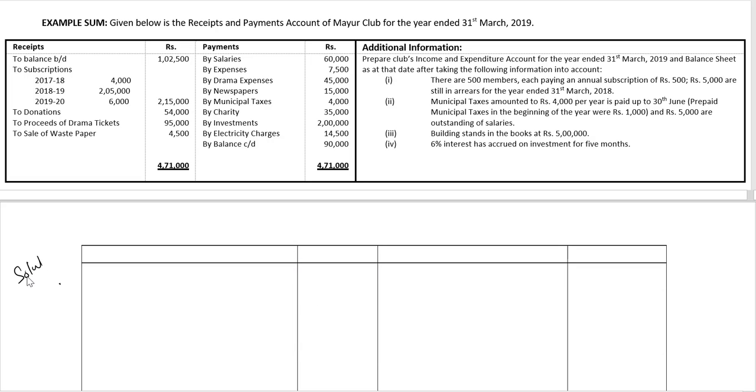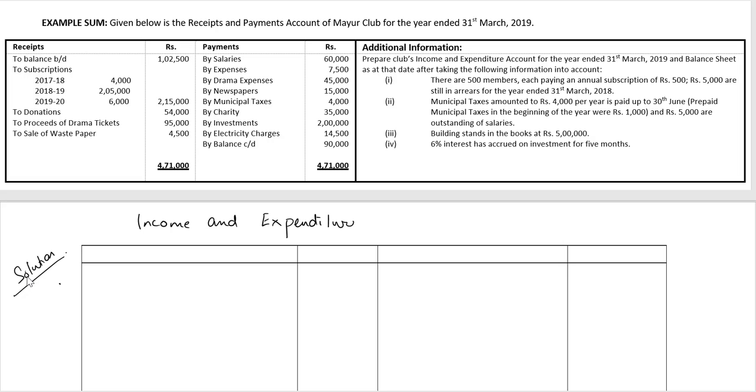Solution. Income and expenditure account for the year ended 31st March 2019.